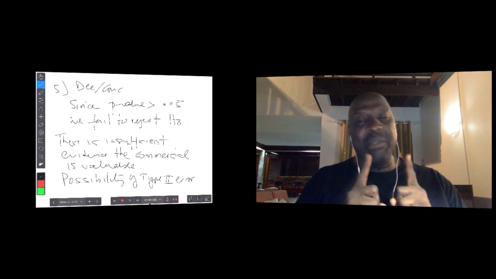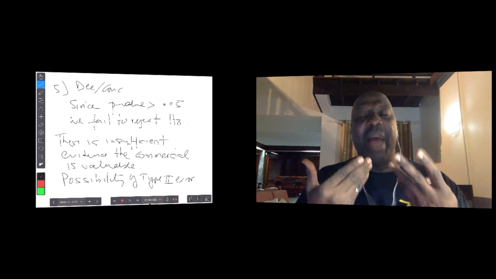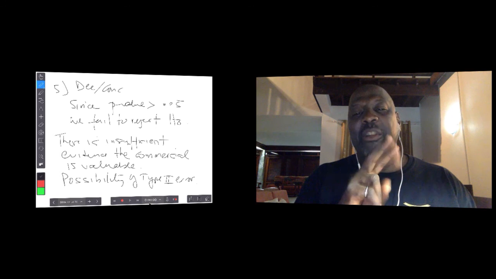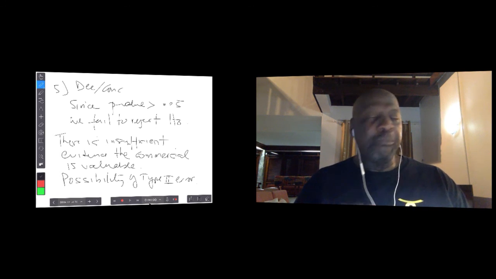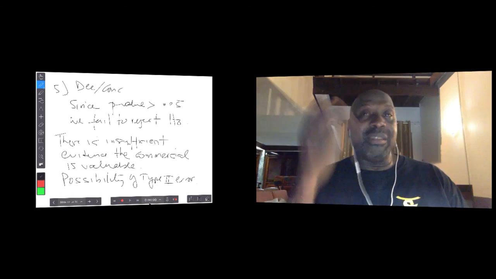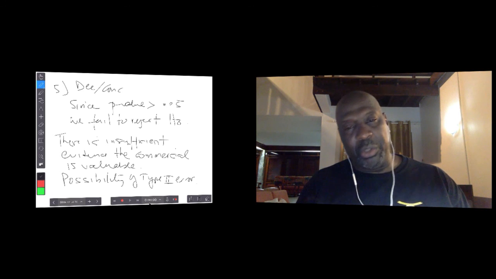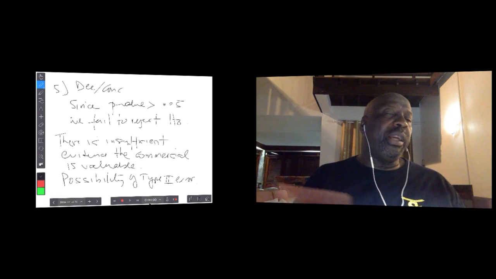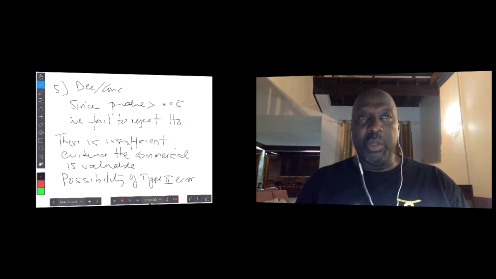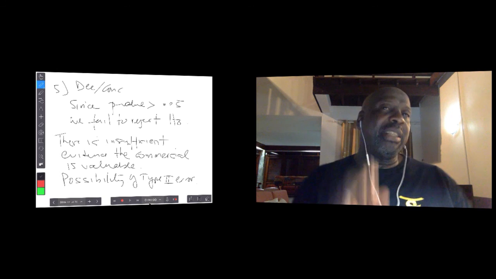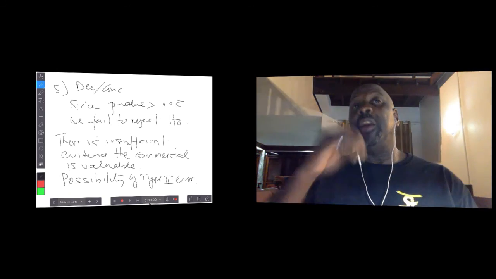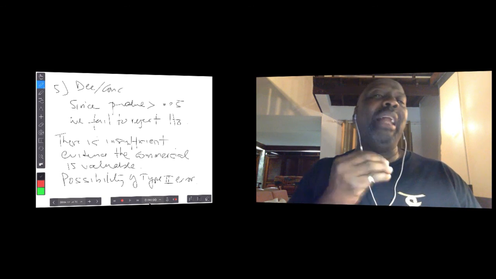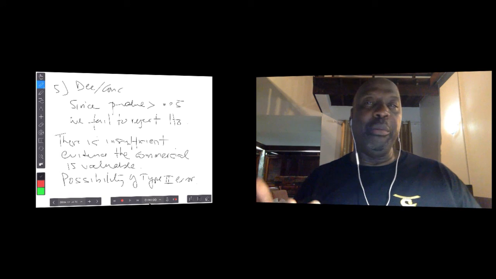So since it is the same set of individuals before and after, that makes it a match pairs or repeated measures test. And so we had 8 participants. The population standard deviation is unknown, so we're going to use the t-distribution. We calculate the difference between the 2 scores, and we get a single sample of differences. That single sample now represents the sample of differences, and so the average of those will estimate the difference between the 2 population means, mu after minus mu before.